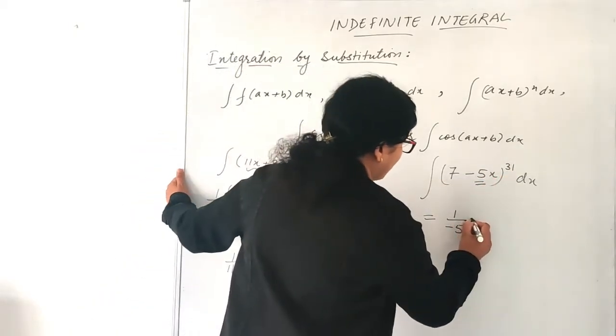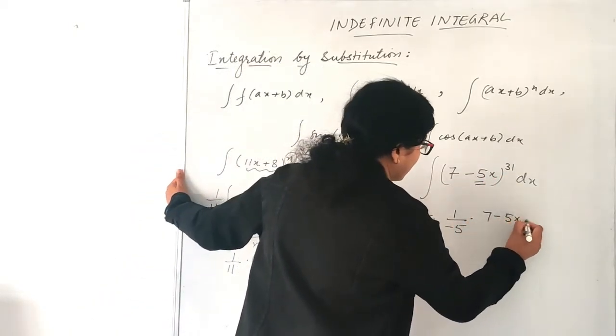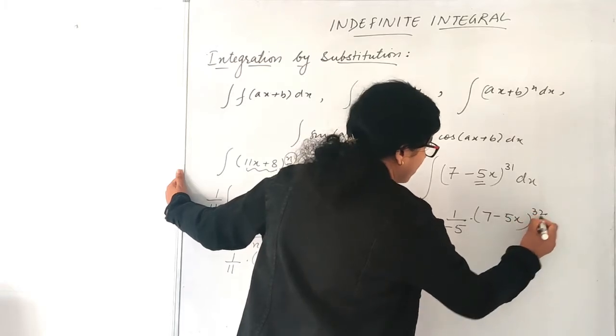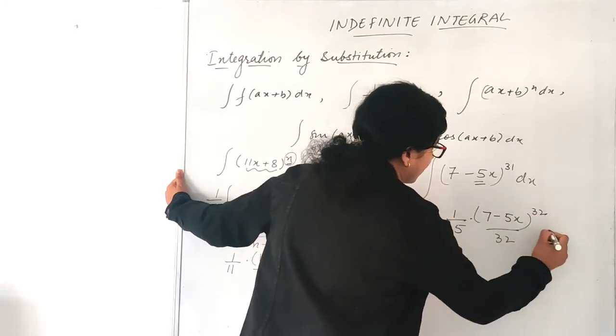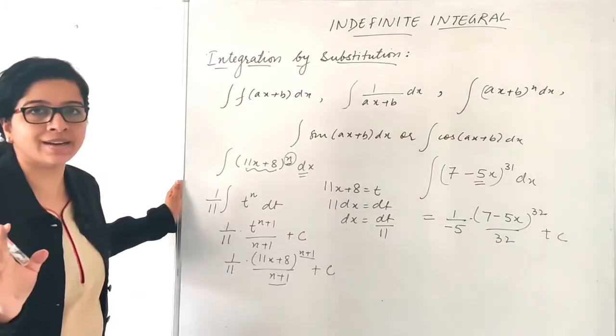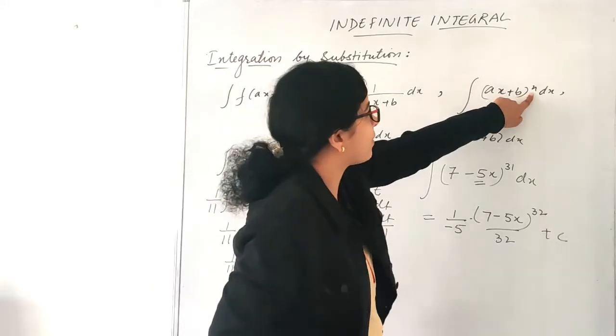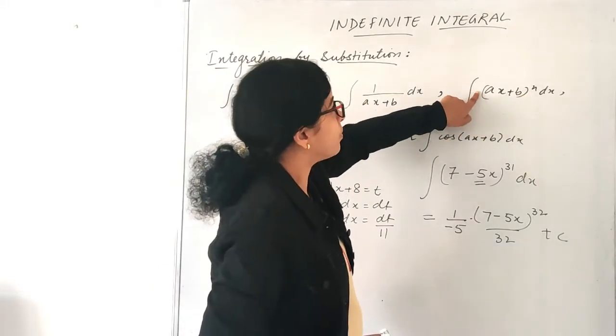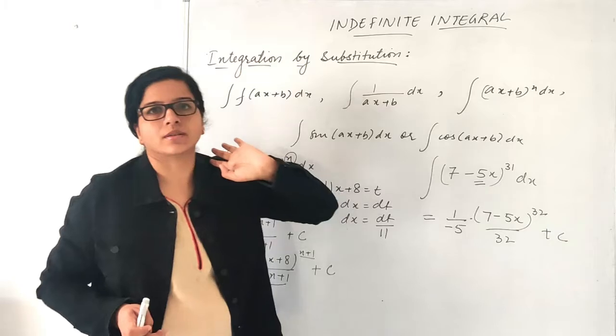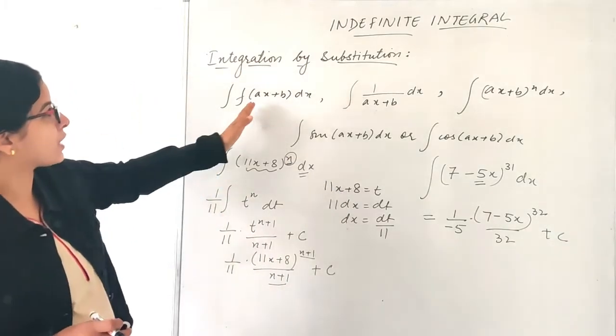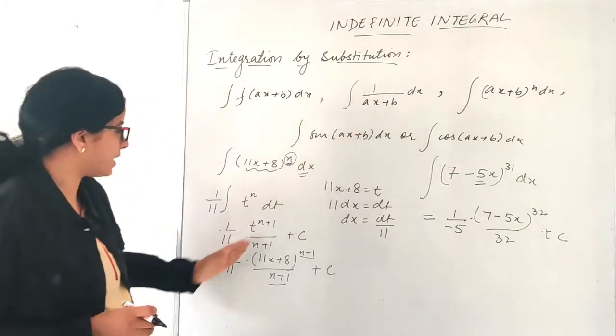Okay, so it will become (7 minus 5x) to the power 32 upon 32, plus c. This is your integral. Is it clear? So if you have an integrand of this kind, you will increase the power, divide by that power, into 1 upon the coefficient of x. Okay. So everywhere, whatever is the coefficient of x, we are dividing with that.